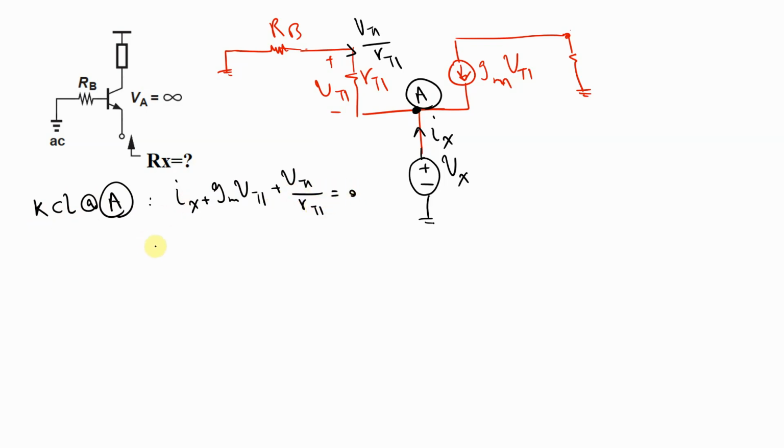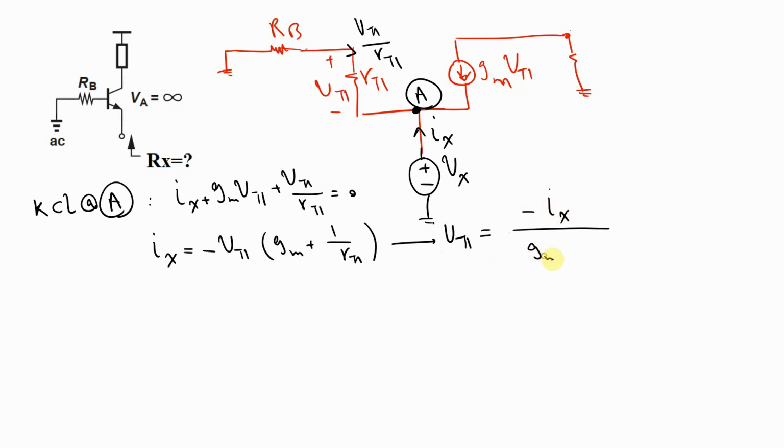So here we have Ix equals minus V pi times gm plus 1 divided by R pi. Okay, so here we can say that V pi equals minus Ix divided by gm plus 1 divided by R pi.